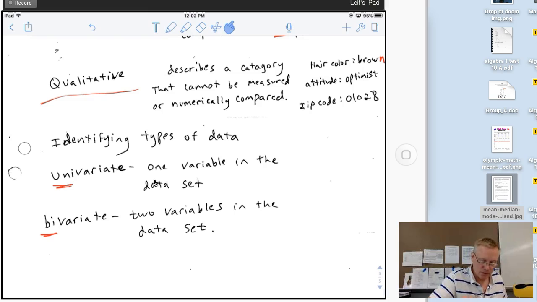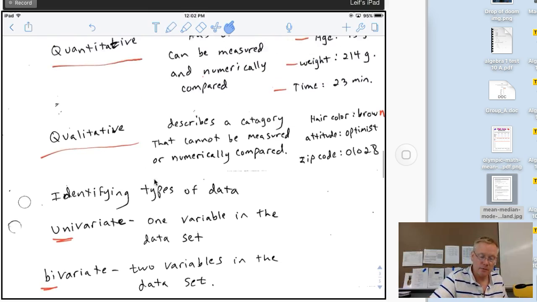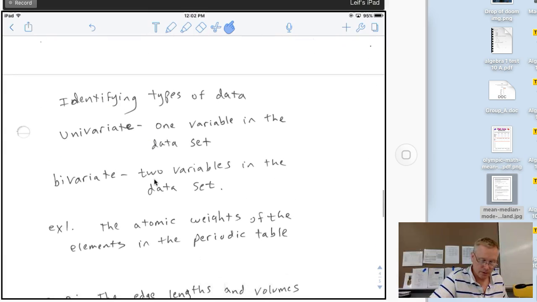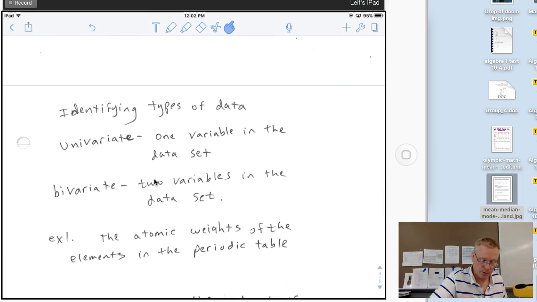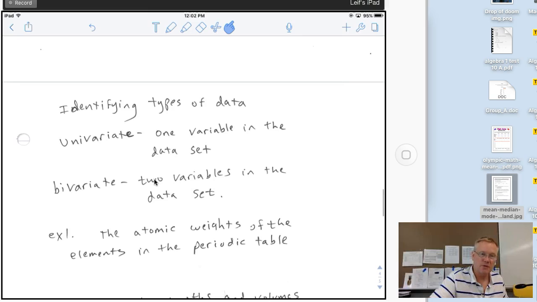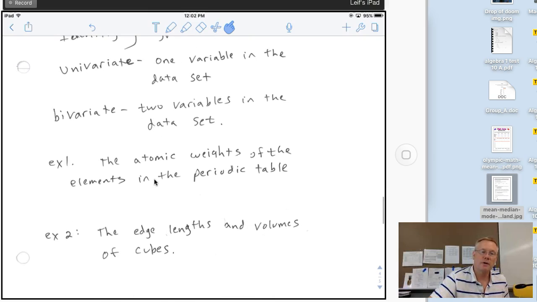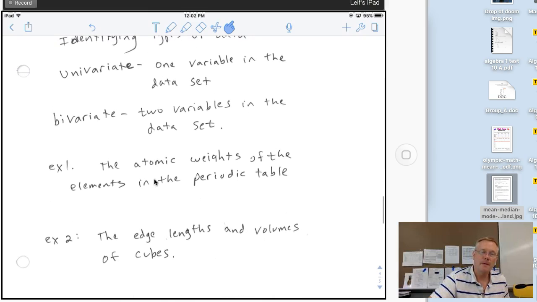All right, so I know that was a lot of writing, and I apologize for that. And I put these over here. I got a couple examples of this because univariate and bivariate should have examples. So the first one, and I know this one looks complicated, says the atomic weights of the elements in the periodic table.